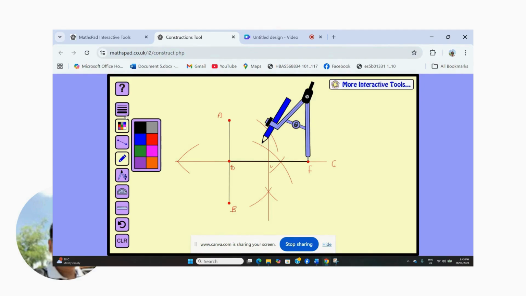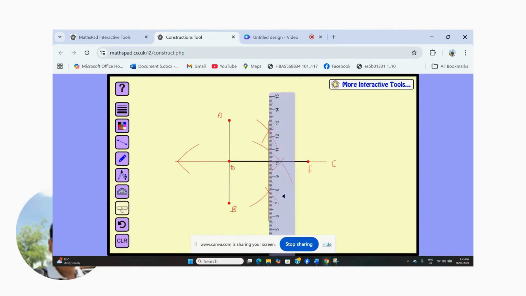So if you increase the number of lines, that means you'll get many more points to be connected and you'll get a smoother curve. But at the same time, you should compromise your time as well. So you should decide how many lines you should draw or how many points you should get to draw a parabola.